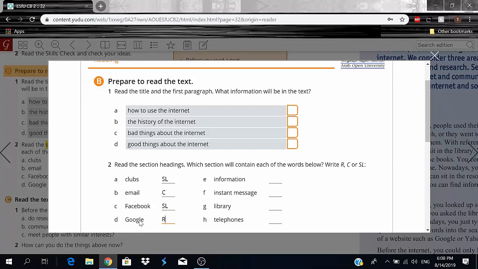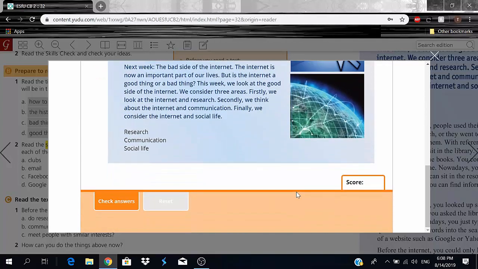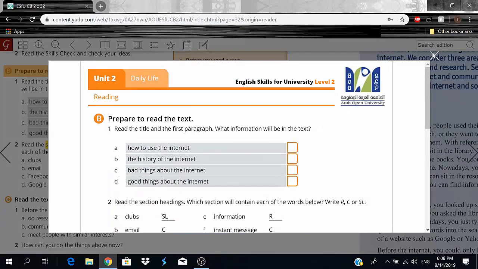People cannot live without Google nowadays. Information is also research. Instant message is probably a form of communication. Library is obviously research. And finally, telephones. What are telephones? Obviously a form of communication. Okay, you guys? Pretty simple stuff. Easy. Now let's move on.